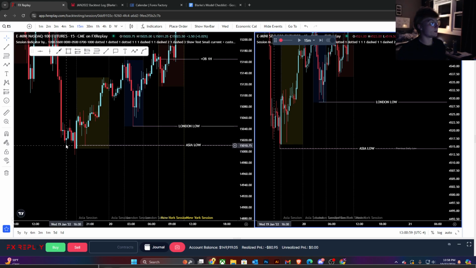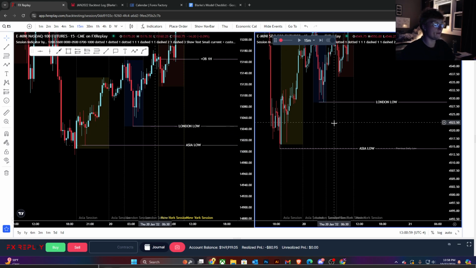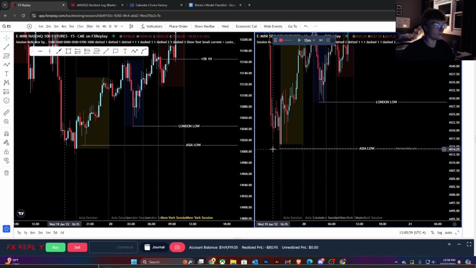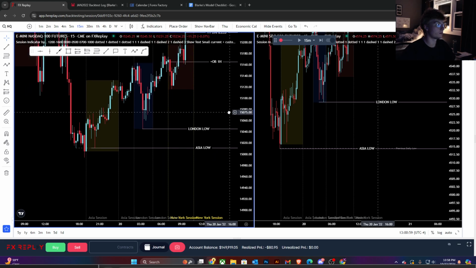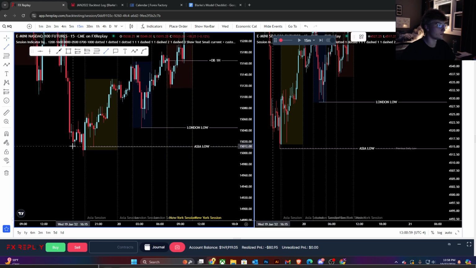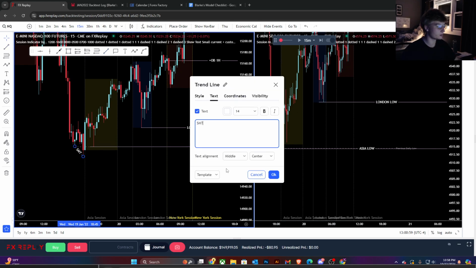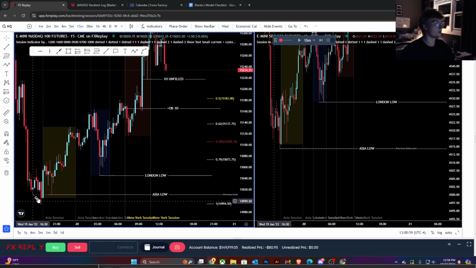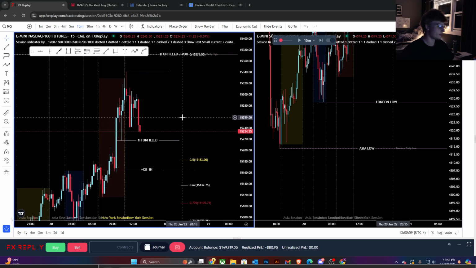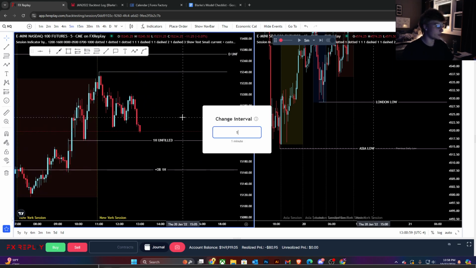It says here that previous day's low is 1630. Alright. So it looks like that's what gave the move bullish. SMT there. Gave this move. Okay, let's hop on the 5 minute.